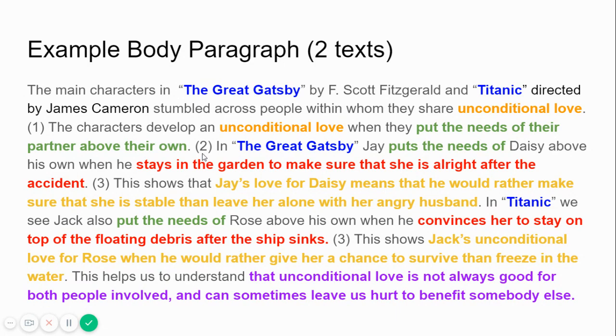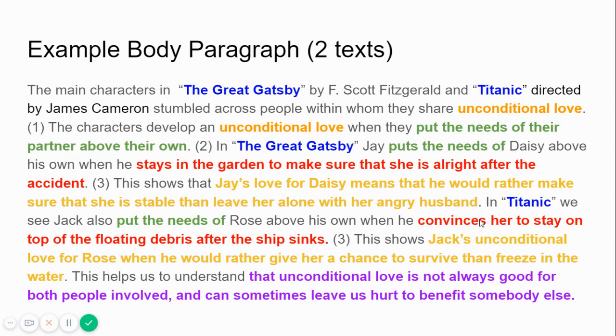In The Great Gatsby, Jay puts the needs of Daisy above his own when he stays in the garden to make sure that she is all right after the accident. This shows that Jay's love for Daisy means that he would rather make sure that she is stable than leave her alone with her angry husband. Right? So we've got a specific example and we've got a link to how that example demonstrates unconditional love, or demonstrates the idea that's linked to the theme.